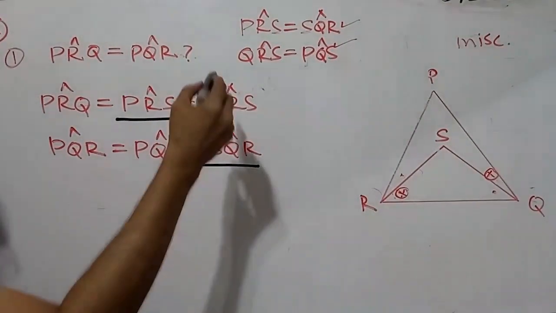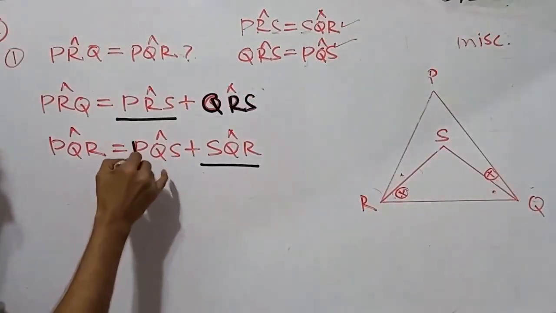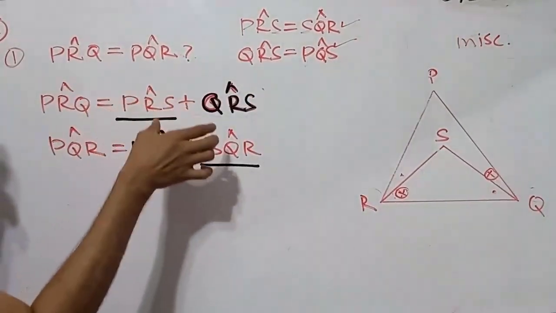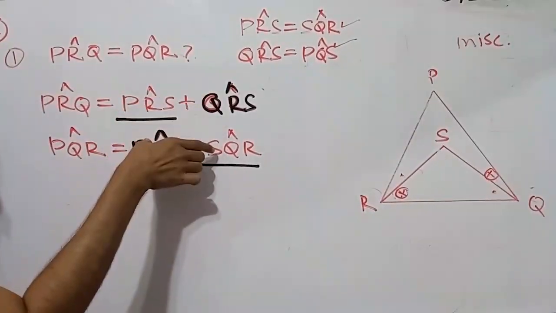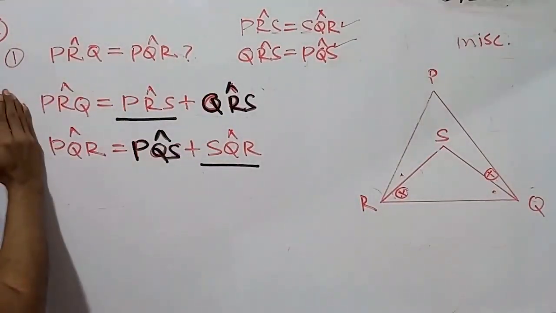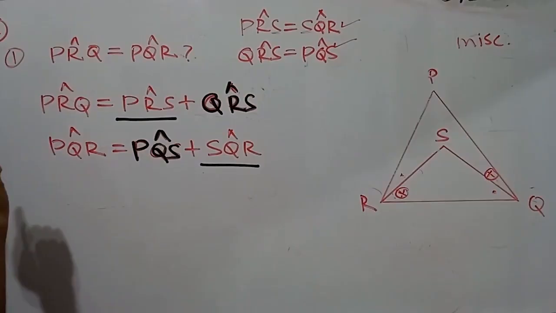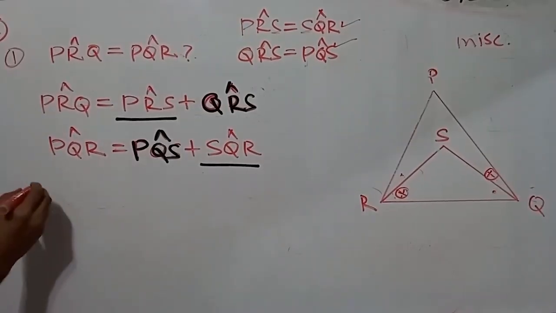Right? Then QRS. QRS is equal to what? PQS. These two are equal and these two are equal. That means when we take the sum of all of these, it is equal to this side. PRQ and PQR. That means what? These two angles are separately, when we consider only these two angles, those are equal. Right? Then we write it like this.